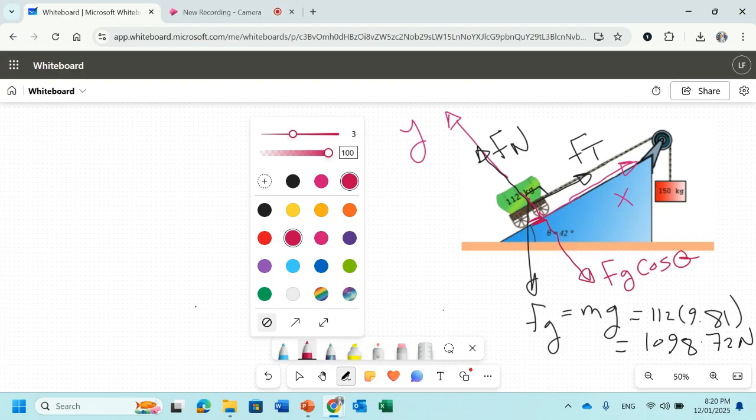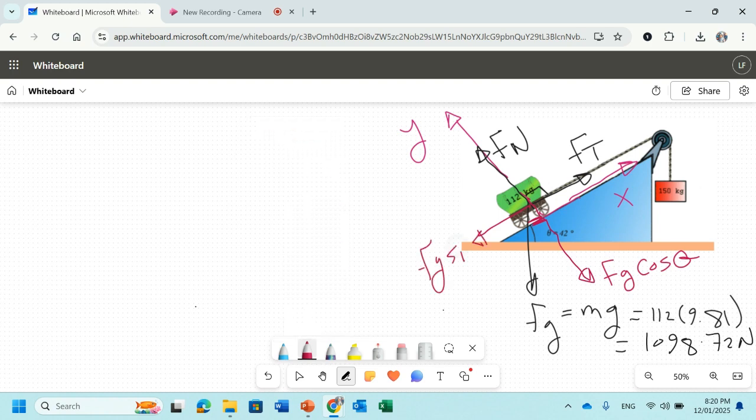The x component of the weight is always parallel to the inclined plane and acts downward along the slope. So this one is Fg sine. If this one is cosine, this one will be sine because the triangle here is similar to the big triangle of the inclined surface.